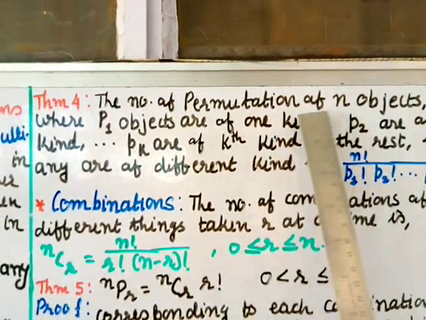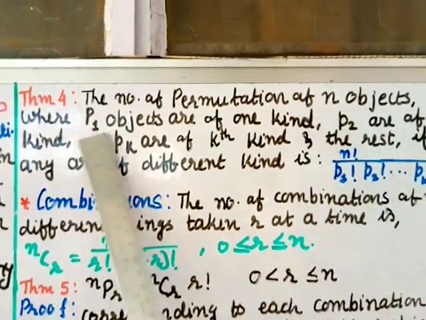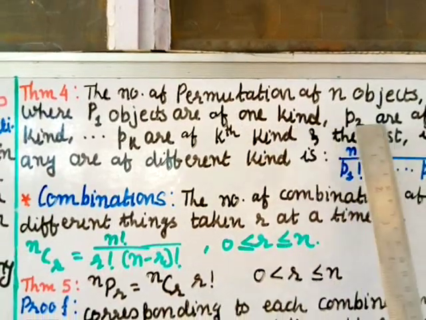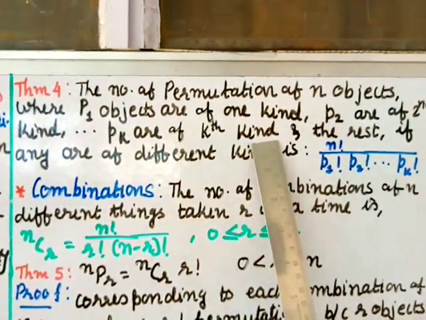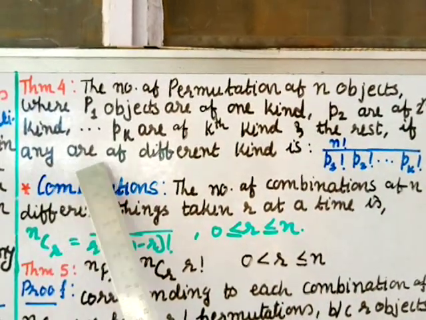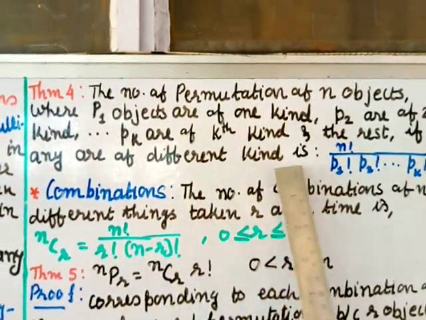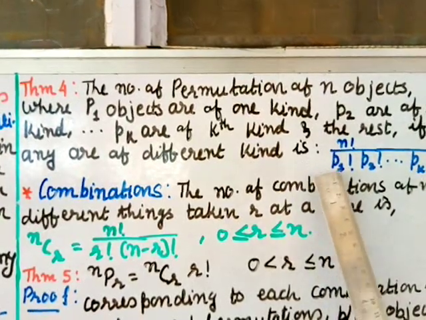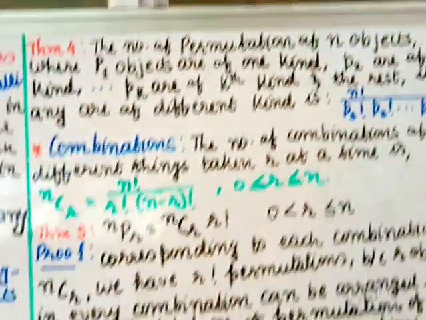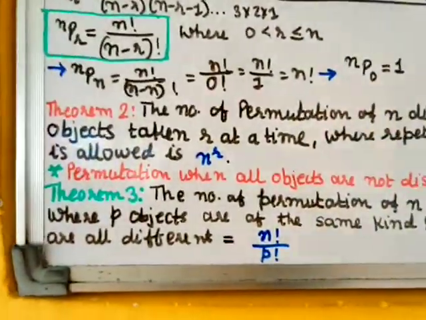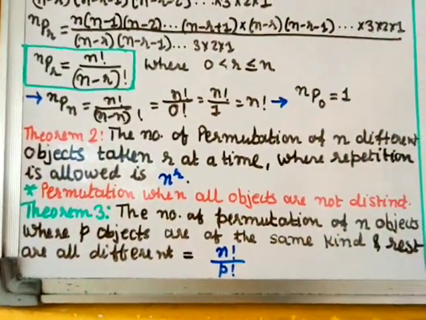The number of permutations of n objects where p1 objects are of one kind, p2 objects are of second kind, up to pk objects are of kth kind, and the rest, if any, are of different kind, is n factorial divided by p1 factorial into p2 factorial up to pk factorial. Okay, same formula as I said, we can generalize; this was only for p objects which are similar.